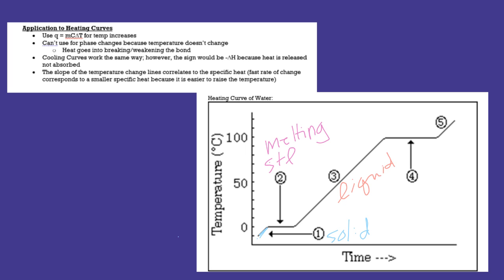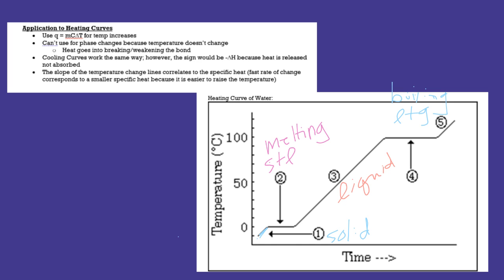Part four, where it's flat: so we have solid, we have melting, we have liquid. This is where it's going to be a liquid and a gas at part four. And this would be known as boiling, or evaporating.